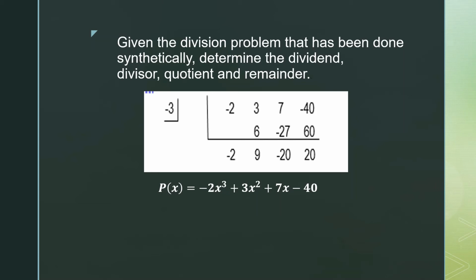How about the divisor? The divisor is x plus 3. How about the quotient? The quotient is negative 2x squared plus 9x minus 20. And the remainder is 20.